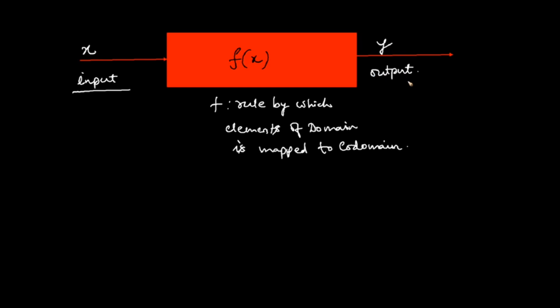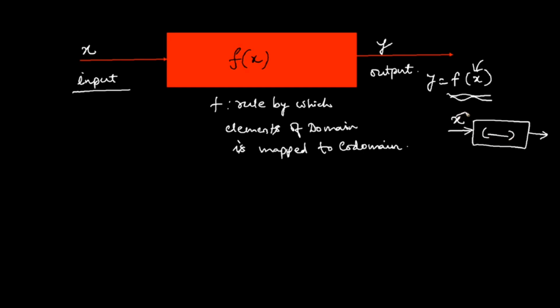Now, we represent y to be equal to f of x. What does this mean? It means that the input to your function is x. It is like a machine: when you give some input, it gives some output by applying a rule on this input. Say f is a function from real numbers to real numbers such that the mapping is twice the number.